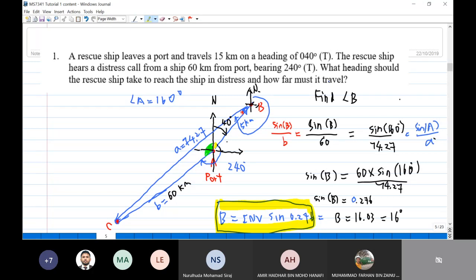You can look at this. Altogether, you need to subtract. Let's see how to find it: you just add another 16 degrees, and you get the angle already. You get a bearing, the bearing of where the ship should go.